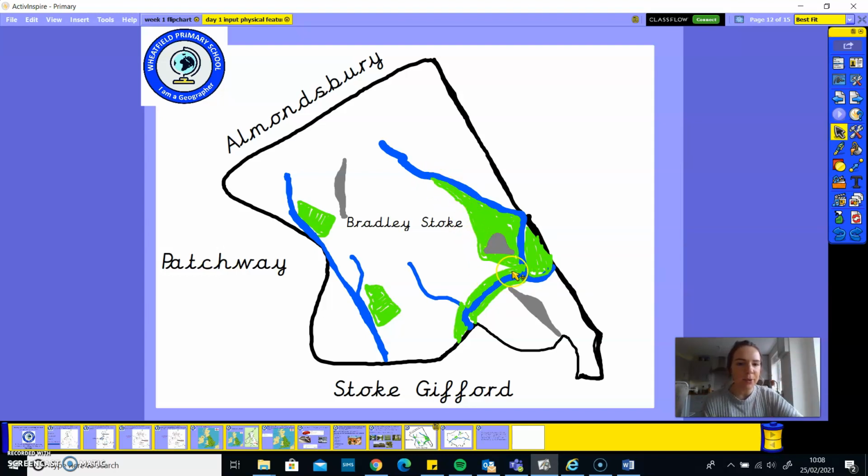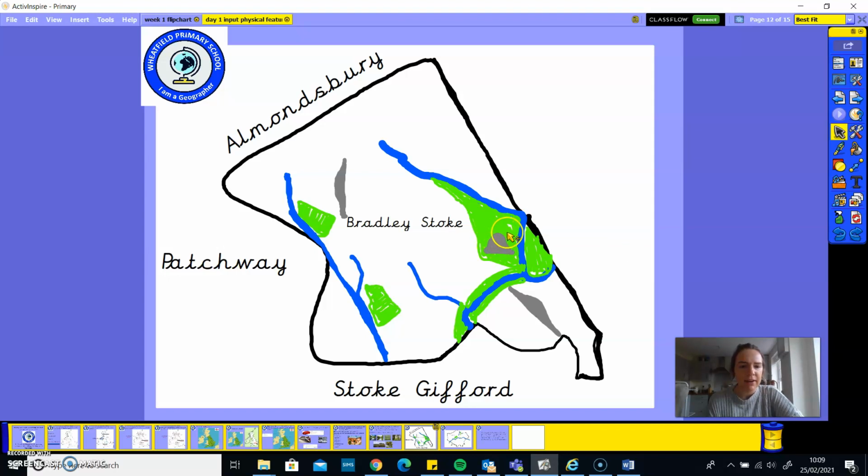This bit is our Three Brooks Nature Reserve. I'm sure that you have all been down to the nature reserve. So this all here is our nature reserve. So this is all greenery. Has anybody ever been up that big hill at the nature reserve? The big, massive hill, really tall.